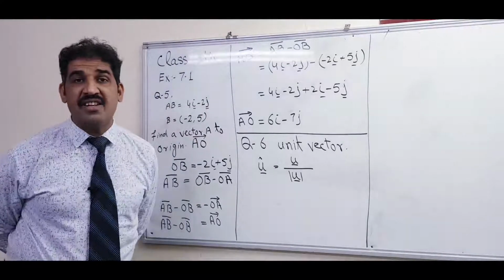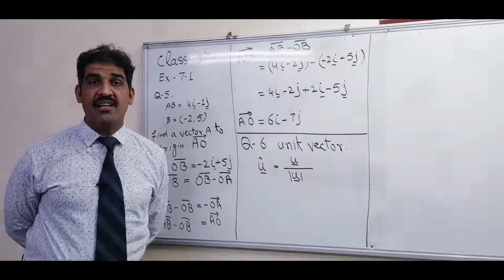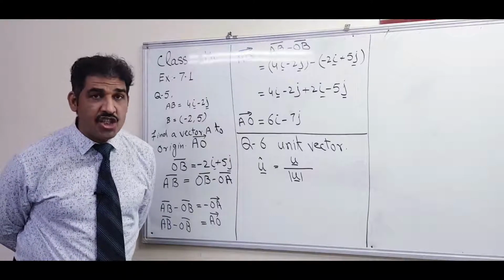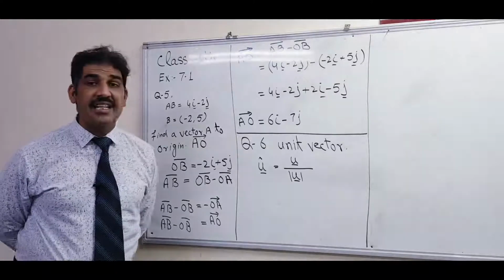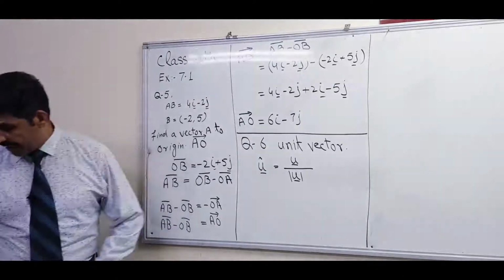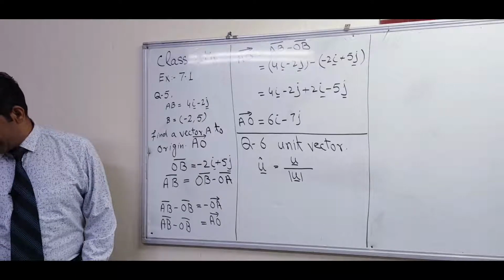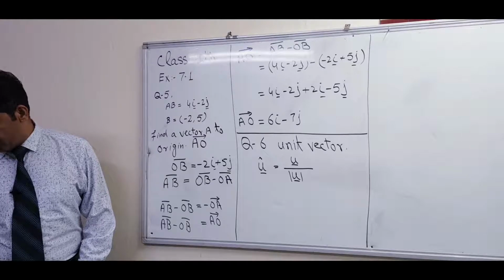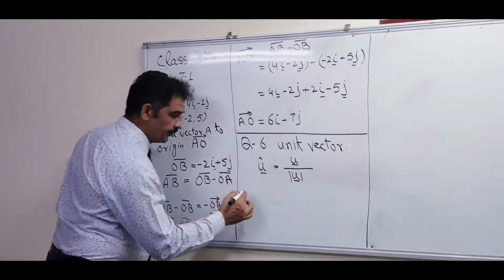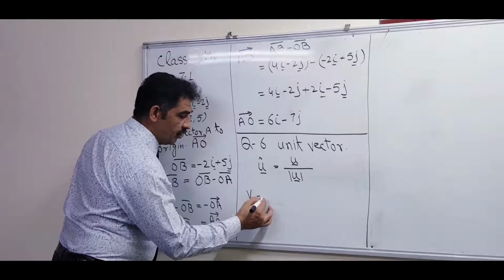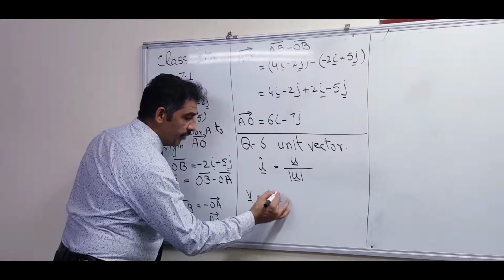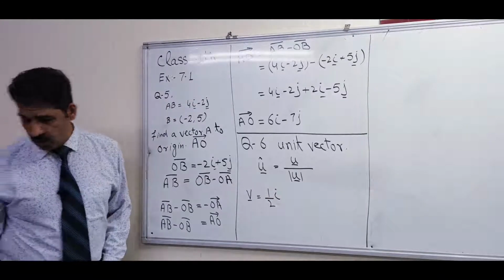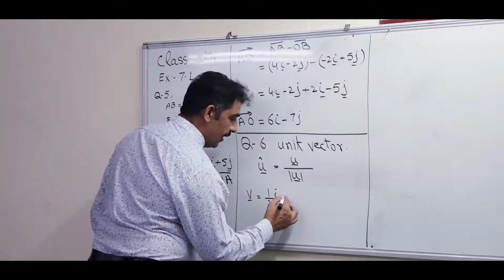It means that whenever the question asks about the unit vector, first of all we have to find its magnitude, then divide the vector by it. According to the statement of question number 6, I am going to solve the second part. Vector V is equal to 1 over 2 i, plus 3 root over 2 j.